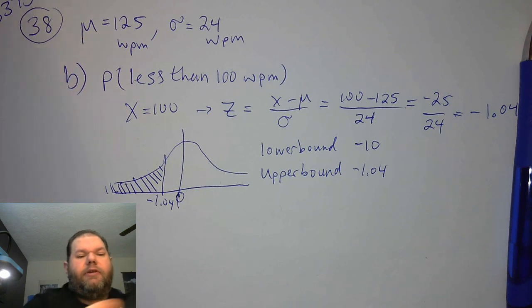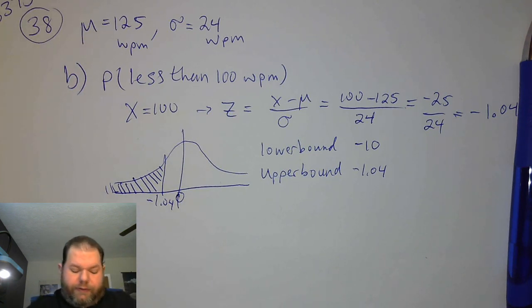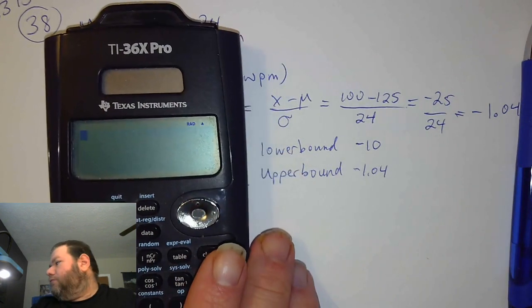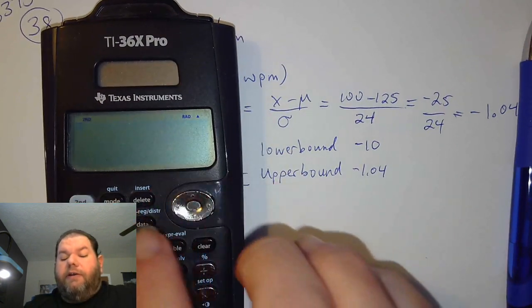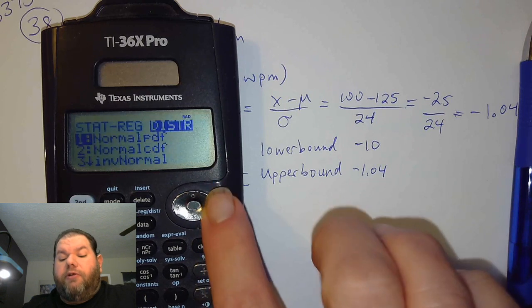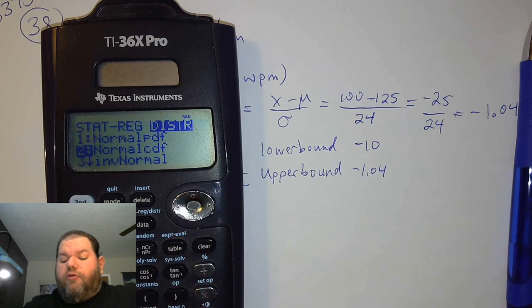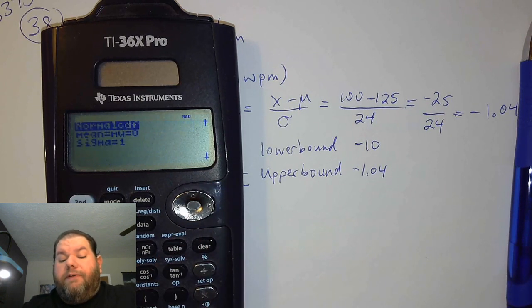Let me do this on the calculator. Let's go second data, arrow to distribution, down to normal CDF, mean 0, standard deviation 1. For a lower bound, we said negative 10. For upper bound, negative 1.04.